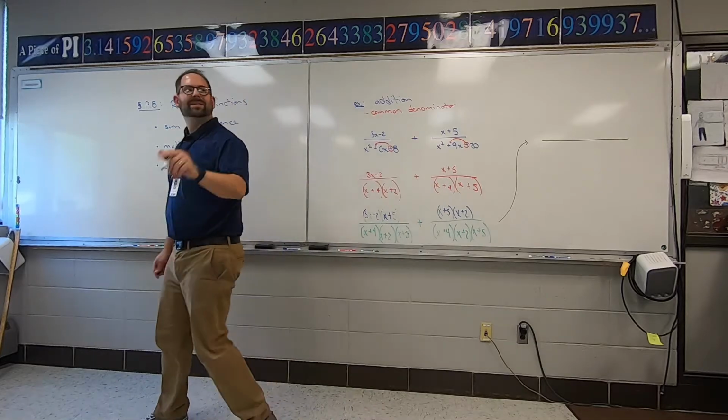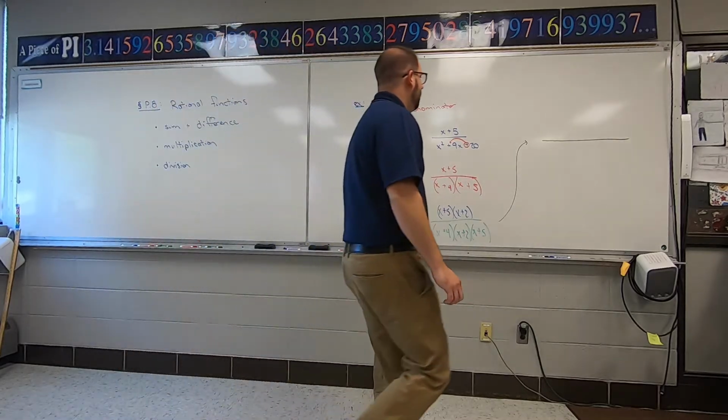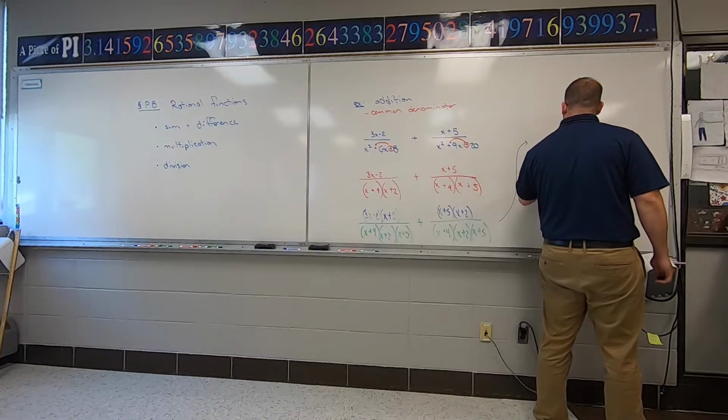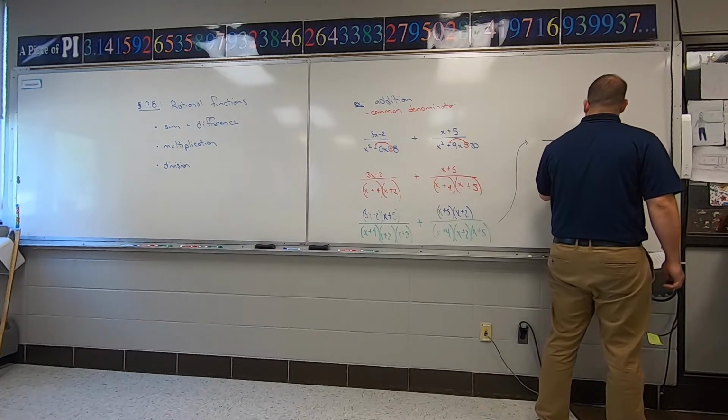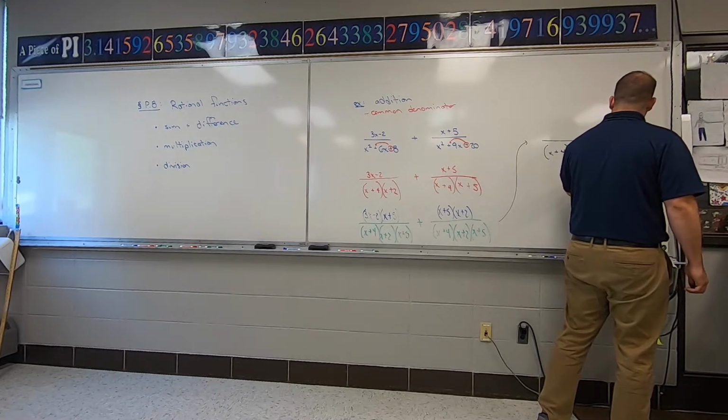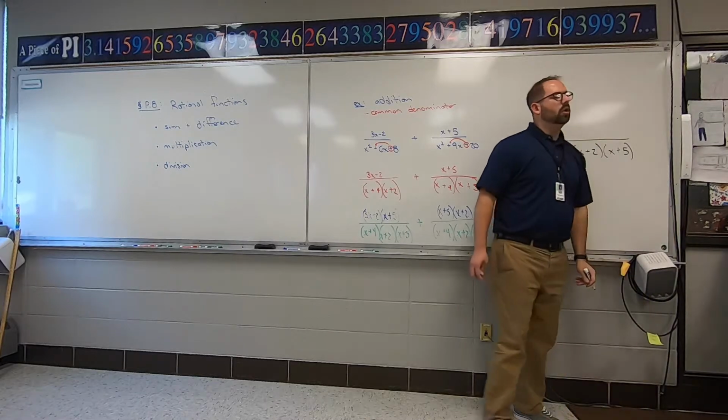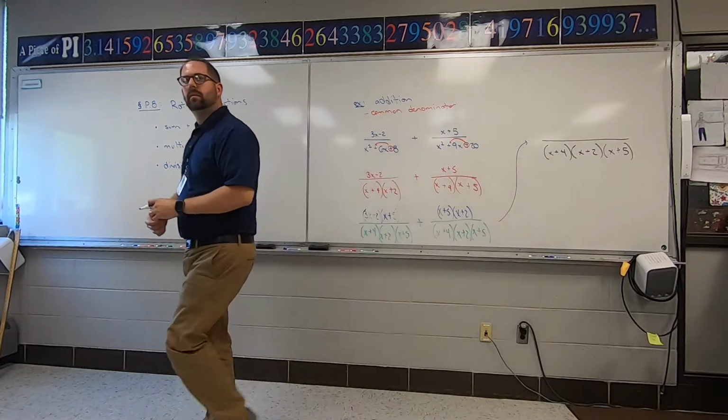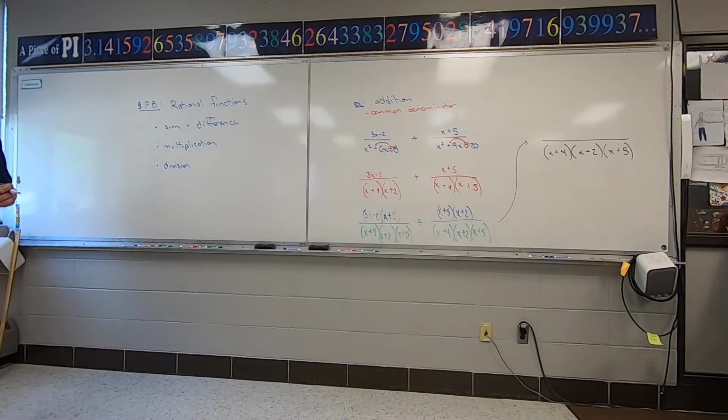They stay the same. So your denominator will stay the x plus 4, x plus 2, and the x plus 5. That is going nowhere. That's how you add. You only add the top. The bottom, since the denominators are the same, it will stay the same when you add fractions or subtract them.